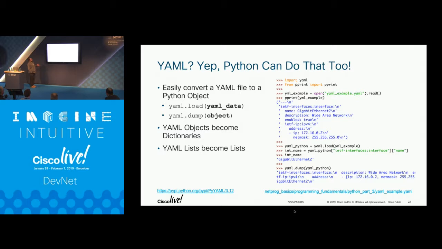The library that you have to install is PyYAML, so it is not a native library like JSON is. Similar to xmltodict, you do have to install that. But just like that, we do a YAML.load, and then we can manipulate that just like we manipulate our other Python dictionaries after we've converted it.